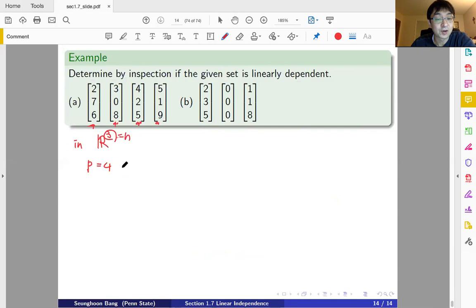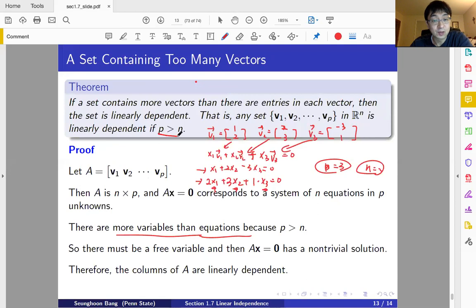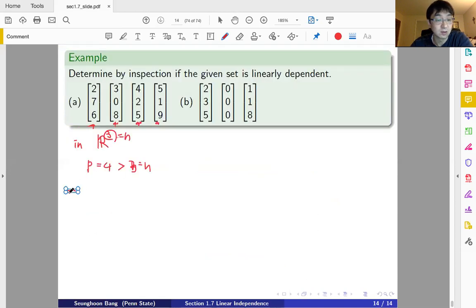The number of vectors is greater than the dimension 3, so we can use the previous theorem: linearly dependent. That's it. This is A.